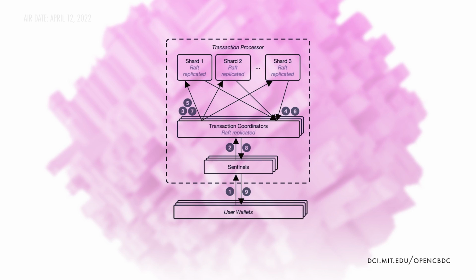And then when all of them are attested for, the transaction coordinator will go to those shards and say, okay, now those are spent. It's also going to say, create the new outputs that have just been made. And then when that is done, that falls right back down and the user sees that.